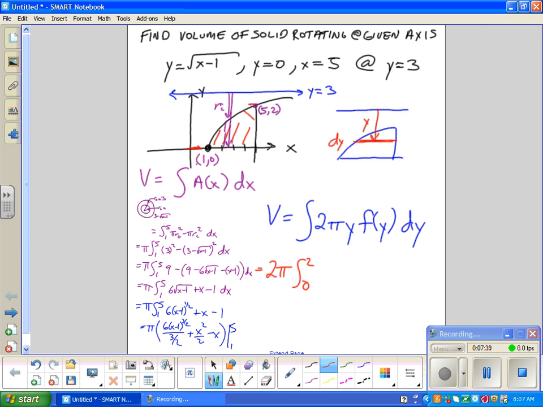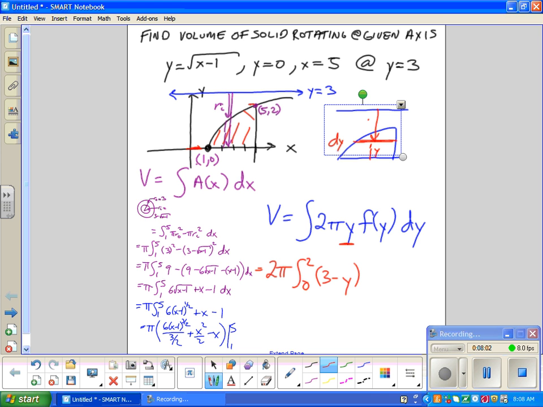It's this y, which is a different distance. Shouldn't even call it y, because our actual y distance at any given time is right there. Distance from y equals 3 to this y sliver of dy is what? 3 minus y. Because again, this is a circumference.